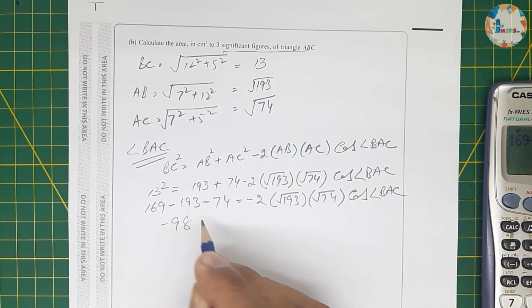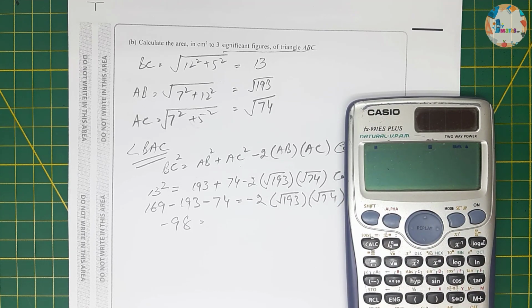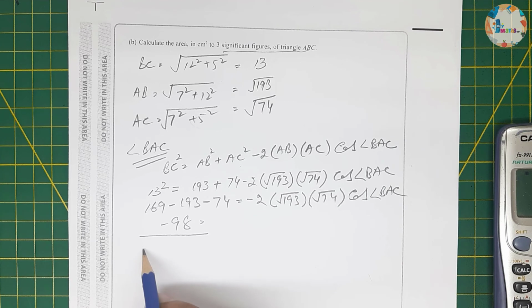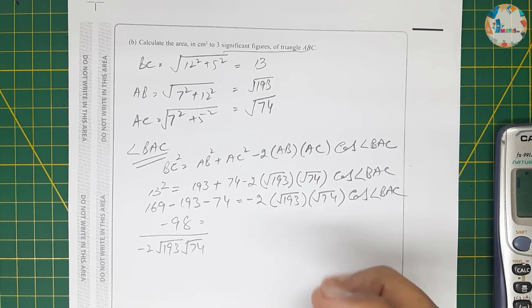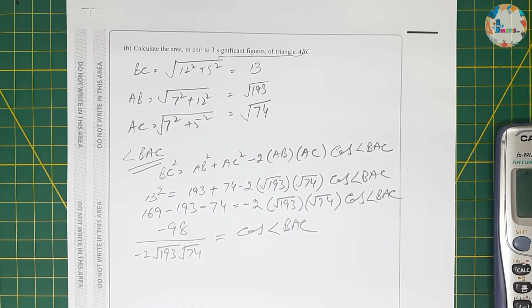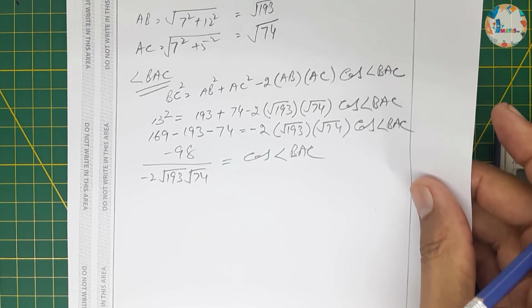So minus 98 is equal to, we can multiply these, otherwise we will keep as it is, so we will shift to this side. So it will be minus 2 root of 193 and root of 74 is equal to cos of angle BAC, and I'll move the page like this one.